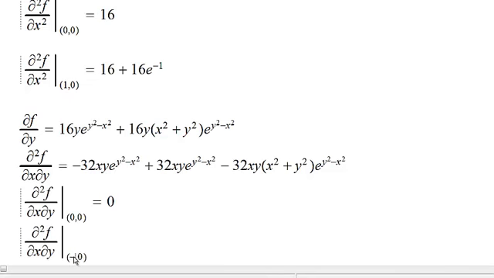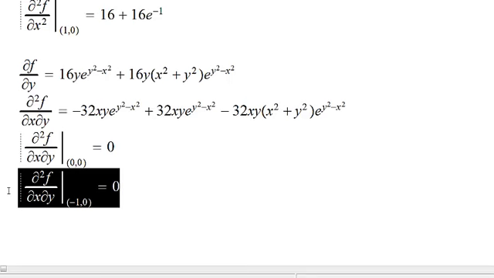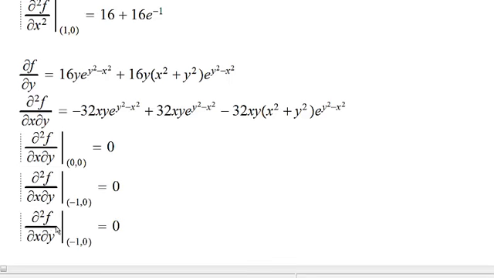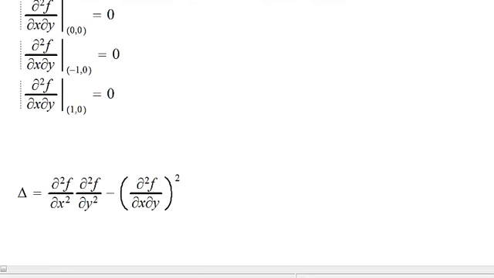So this would be 0 just because if y is 0, everything has a y there, right? And that's a 0 too, right? Are we good?